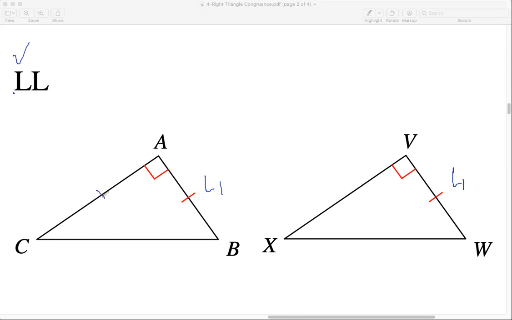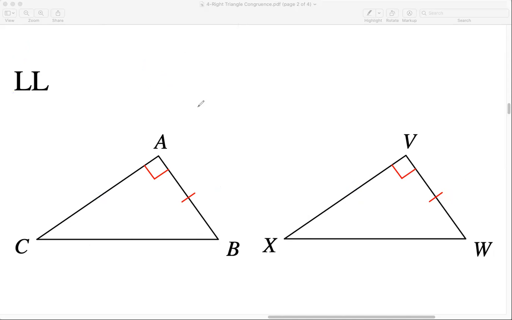The other leg is AC and XV. We cannot use the hypotenuse, since the hypotenuse is not considered a leg of a right triangle. Therefore, the missing part is leg AC, which should be congruent to XV for these two triangles to be congruent using the leg-leg theorem.